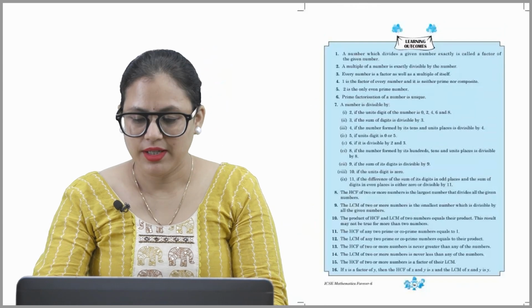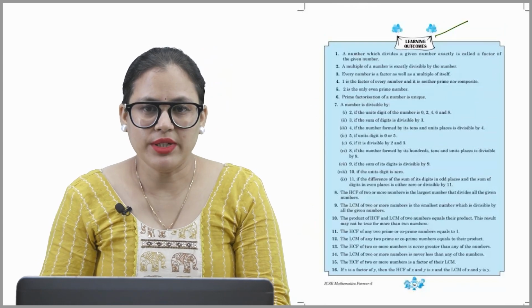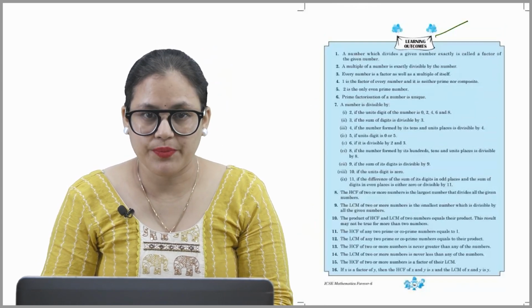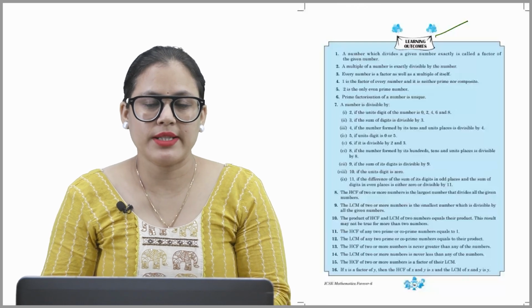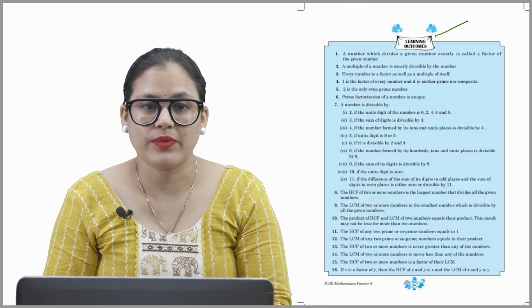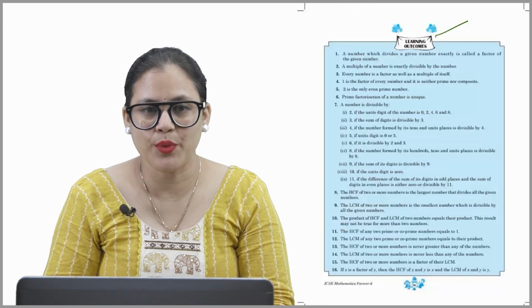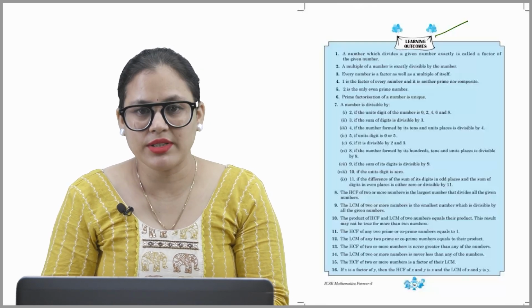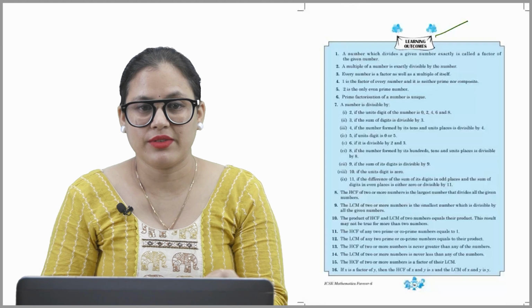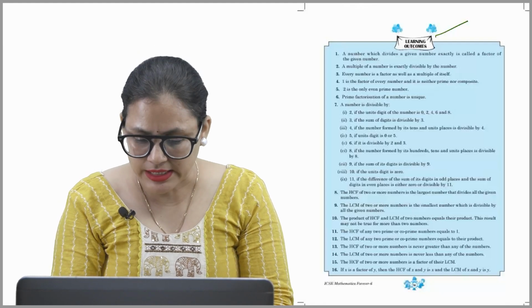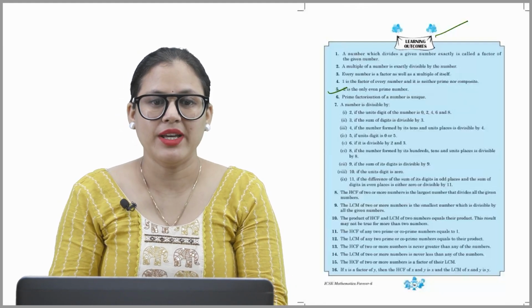Learning outcomes. 1. A number which divides a given number exactly is called a factor of the given number. 2. A multiple of a number is exactly divisible by the number. 3. Every number is a factor as well as a multiple of itself. 4. 1 is the factor of every number and it is neither prime nor composite. 5. 2 is the only even prime number. 6.